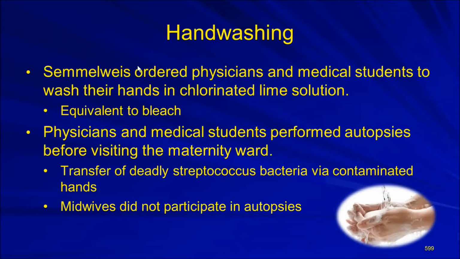And Dr. Semmelweis knew that something was going on with the physicians because the site of infection was always the same on the women. So he hypothesized there was some type of death particle being transmitted from the people on whom autopsies were being performed to the people who were just about to give birth.